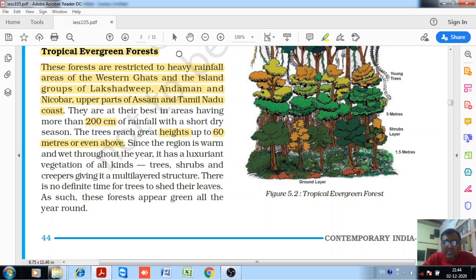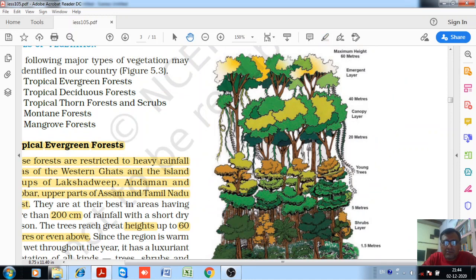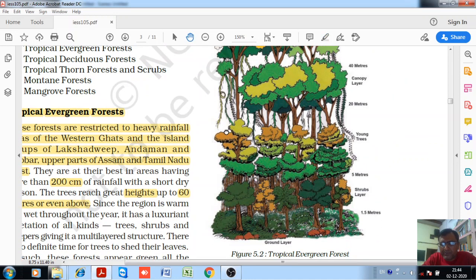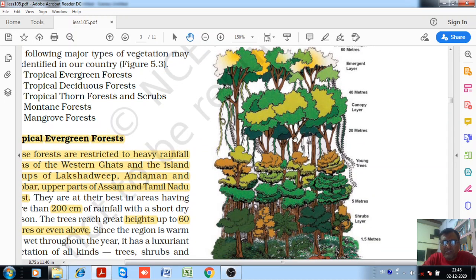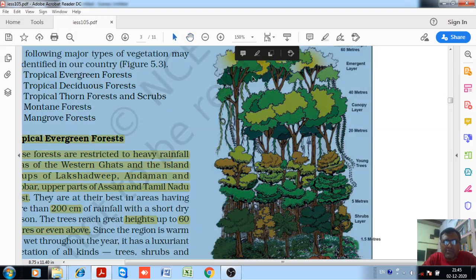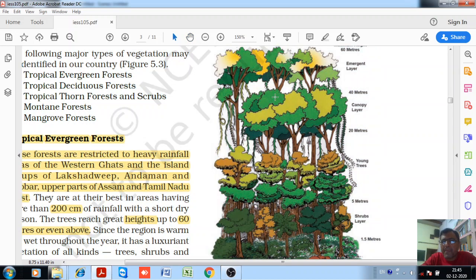As you can see in this image, these are the trees which are found at 60 meters. So why are some trees so high and why are some trees very small in height?